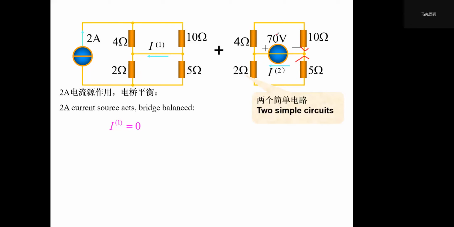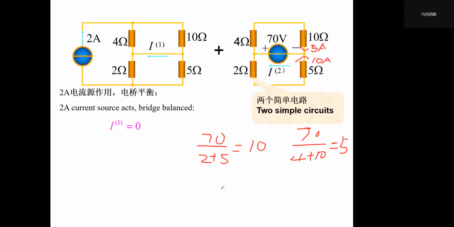We know that 70 volts over 2 plus 5 equals 10, and 70 volts over 4 plus 10 ohm equals 5. So I22 equals 5 plus 10 equals 15.